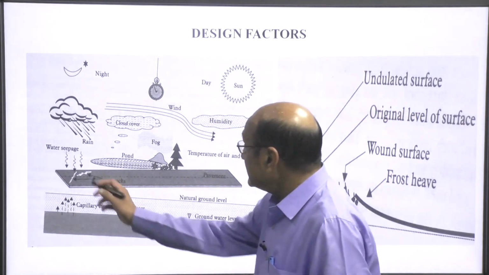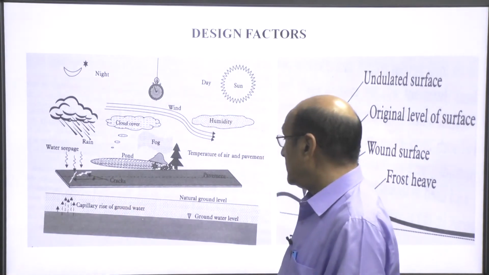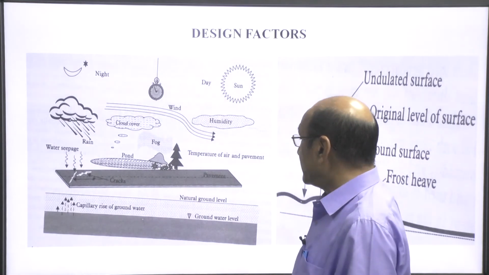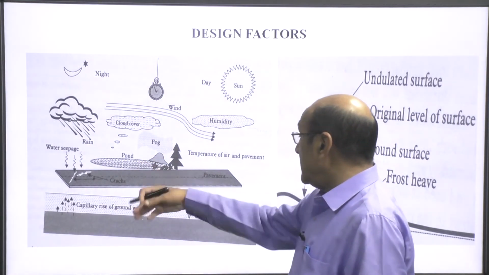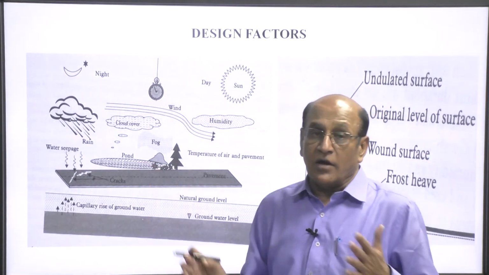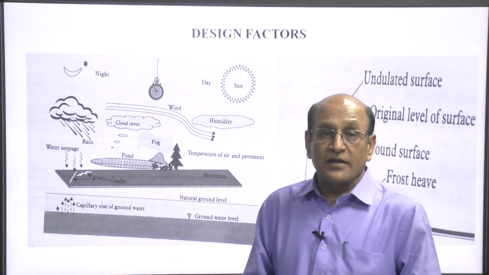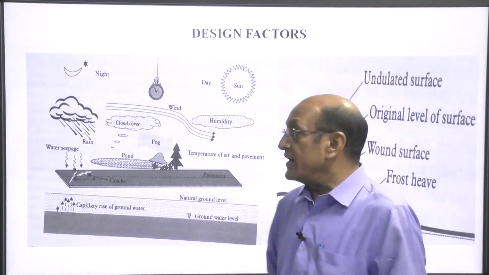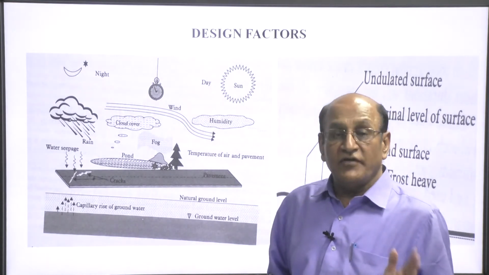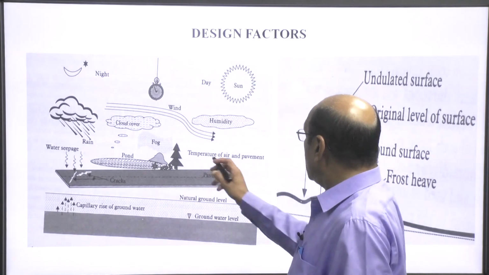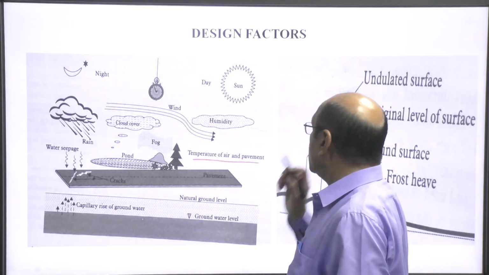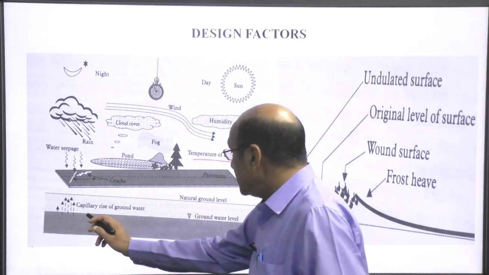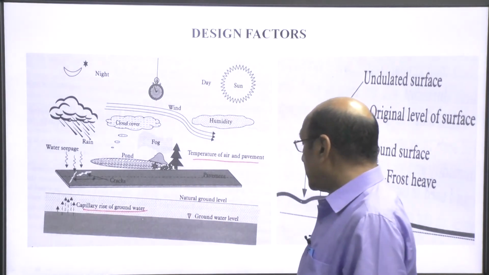This is the water seepage to the ground. Of course, this will create distresses on the pavement surface. This is a pond nearby the pavement surface, and the water may percolate into the subgrade and finally cause failure of the pavement system. The temperature of air and the pavement system and humidity. Now, this is the capillary rise of the groundwater.